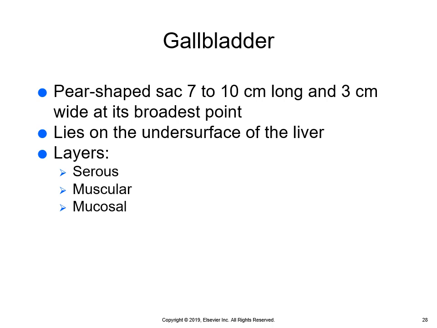And then last but not least, there's the mucosal layer. That's the innermost layer. It's also lined with folds called rugae. And this is what allows the gallbladder to expand when the bile is being stored or is accumulating there.